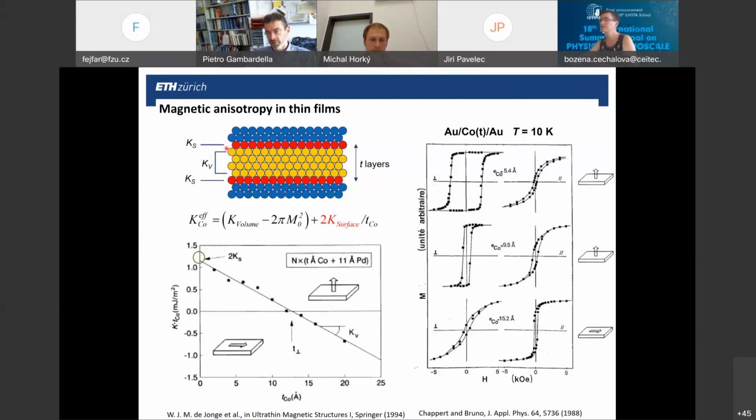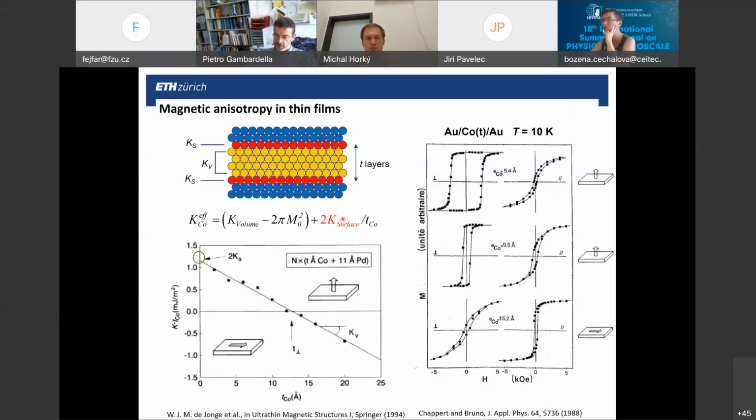Then you have some interface layer. Then the effective anisotropy energy of this system will be determined in part by the magnetocrystalline anisotropy of the volume part, in part by the shape anisotropy, which is the dipolar term that favors in-plane magnetization, and then by an interface term that scales as 1 over the thickness of the system.